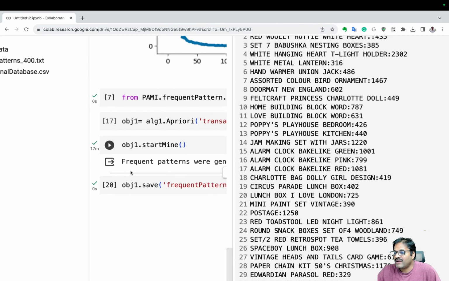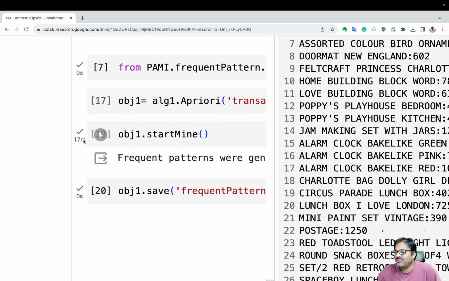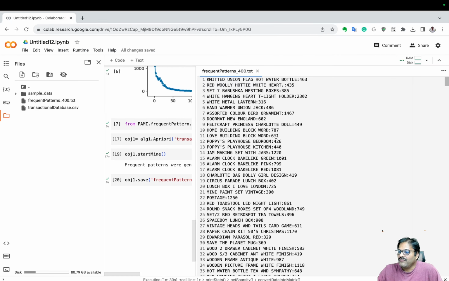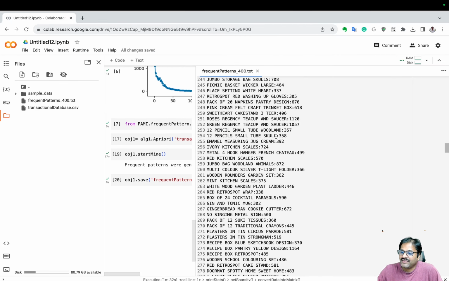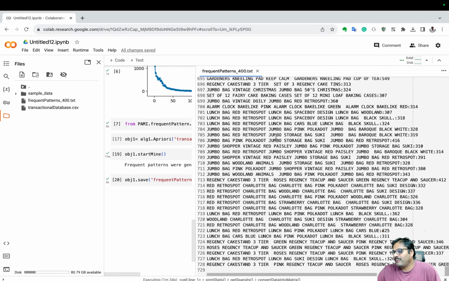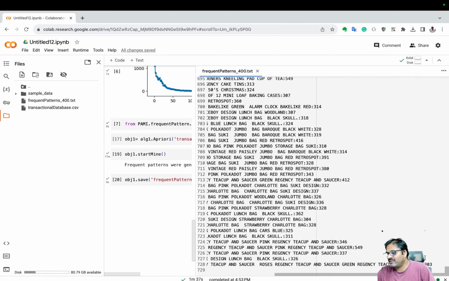I am not writing the code because, as you can see, it takes a lot of time for mining the frequent patterns. Once we discover the frequent patterns, we can look at them. Because it is depth first search, the long patterns are generally at the bottom of the file. So we can find very long patterns like this.